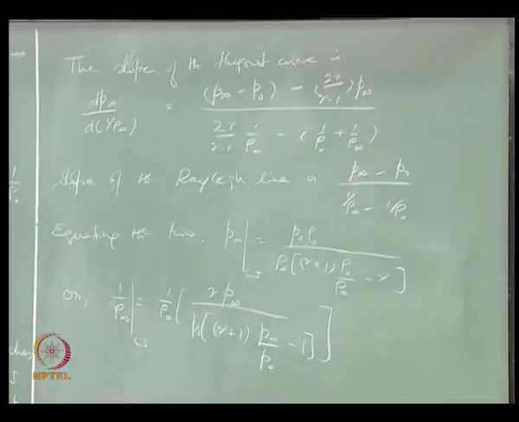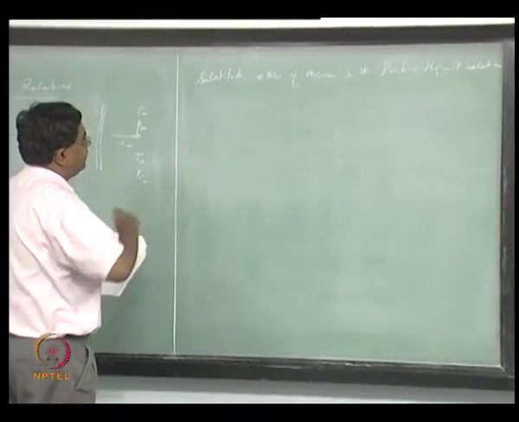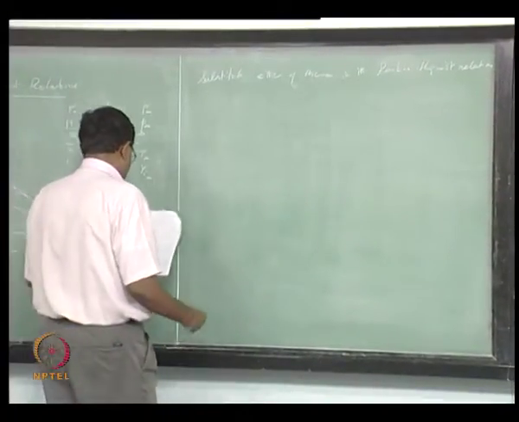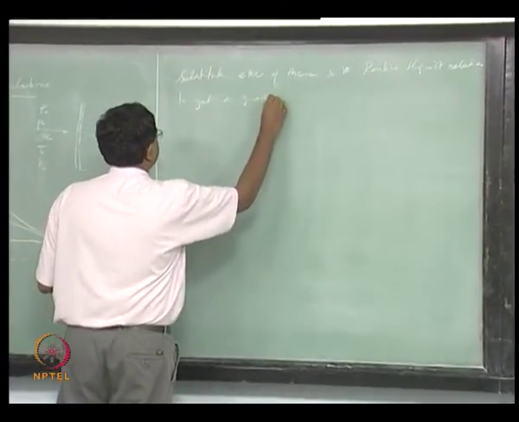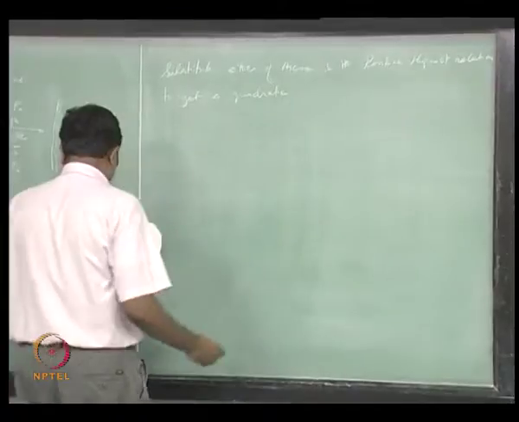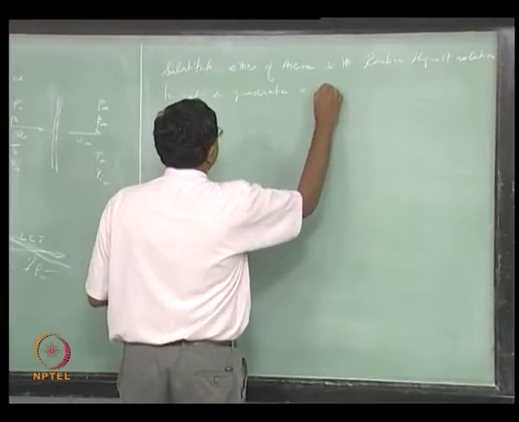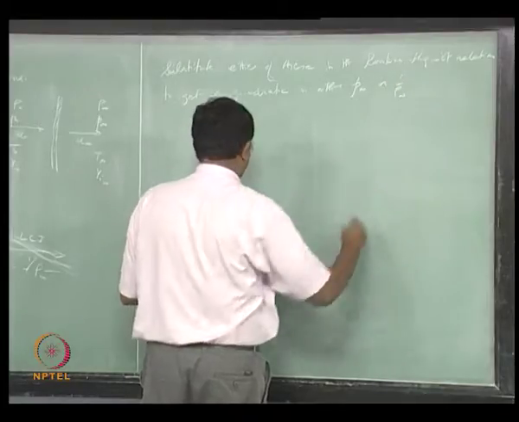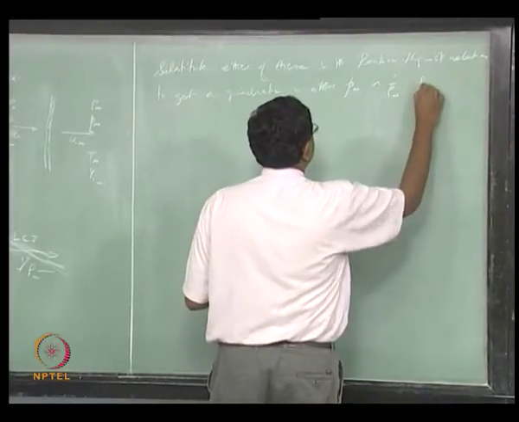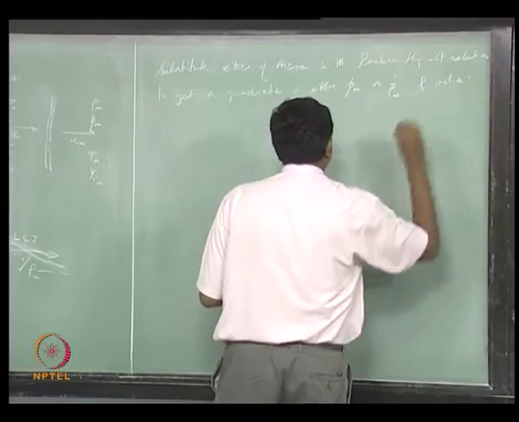So substitute either of these expressions in the Rankine-Hugoniot relation to get a quadratic in either P infinity or 1 over rho infinity, and solve the quadratic.